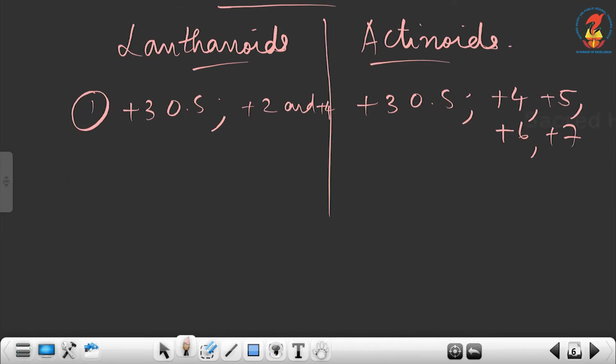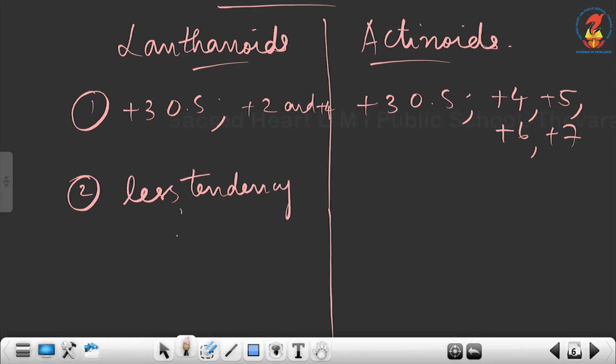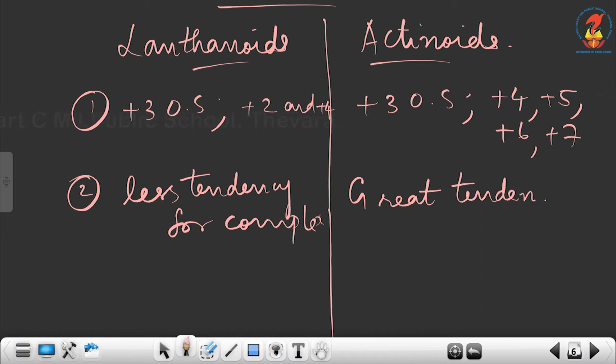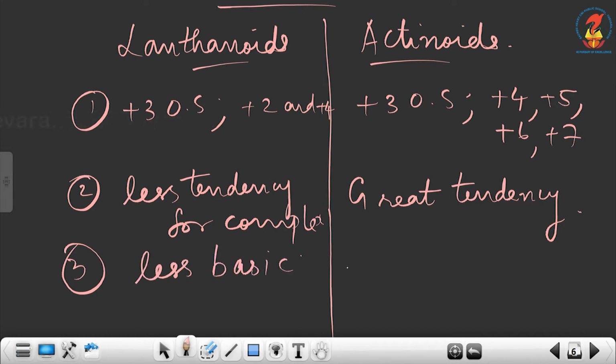And you know the reason for this. The next difference: lanthanoids have less tendency towards complex formation, whereas actinoids have greater tendency for complex formation. The next difference: lanthanoid compounds are less basic, whereas actinoid compounds are more basic.